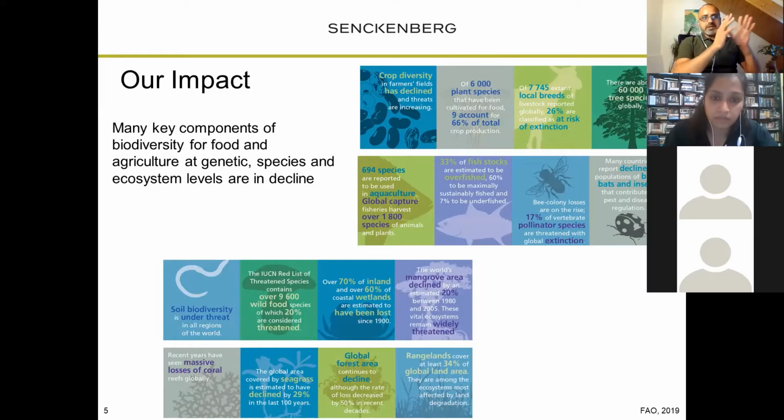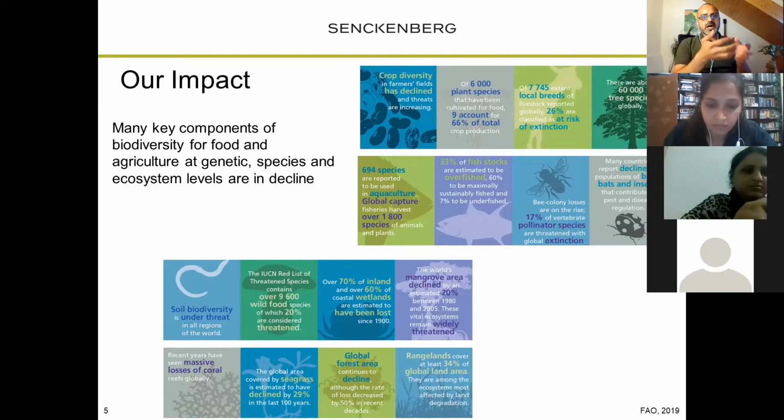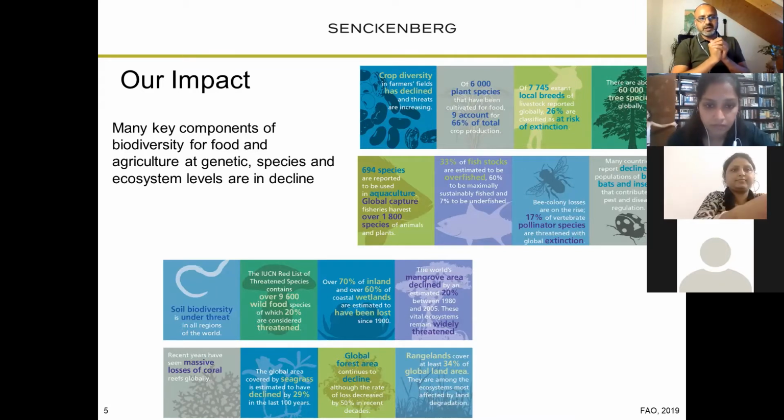Out of all the numbers I showed you in the first slide, we have a lot of variety of plants, but how many of those plants are we using as food? Only 6,000. And out of those 6,000, only 9 plant species make up more than 60% of the staple food that we regularly use.